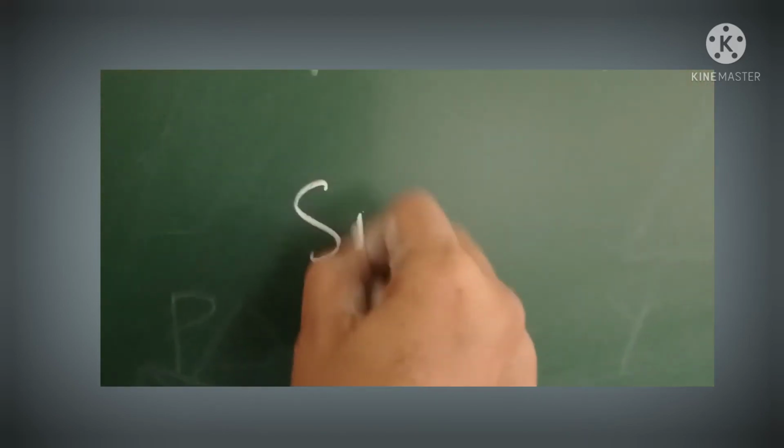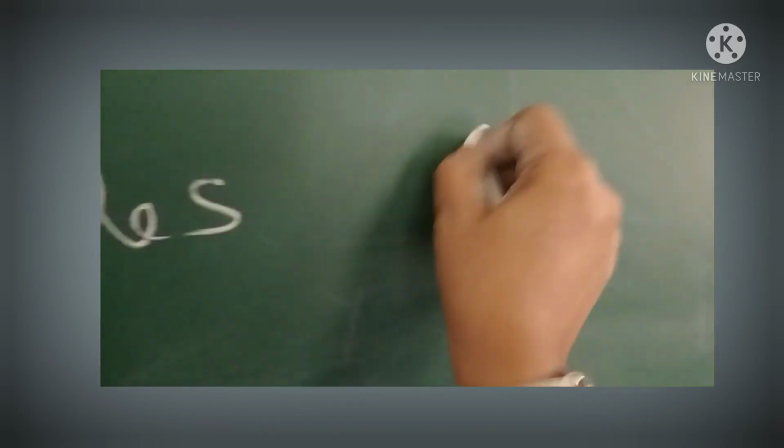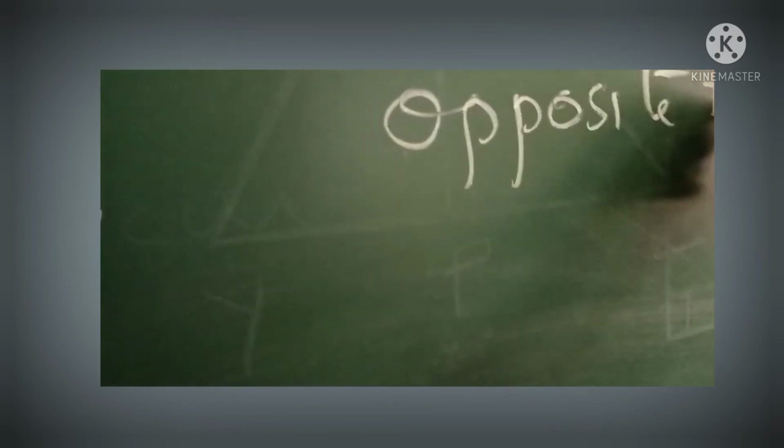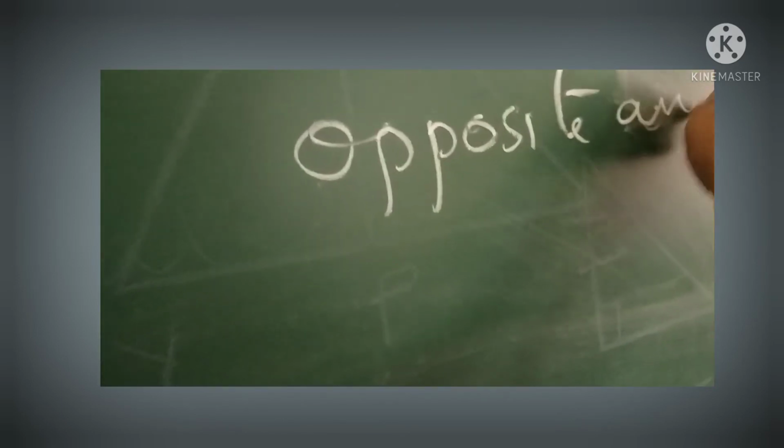So we can write sides and their opposite angles. Which is the opposite angle? Let it be AB.